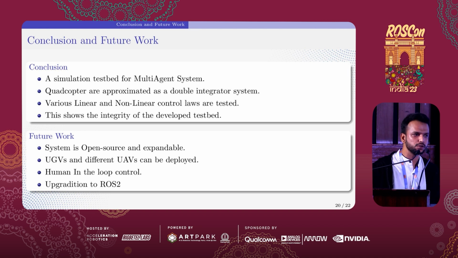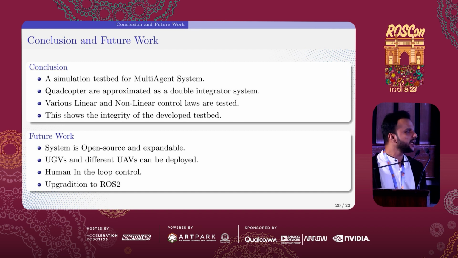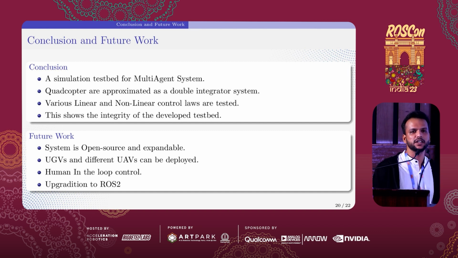We are also planning a UGV-UAV setup, where one agent can be a ground vehicle and the others drones. This kind of setup is very useful for rescue and surveillance operations. And a very important upgrade to ROS: this package was built last year and is still in ROS 1, and we are working towards upgrading it to ROS 2.